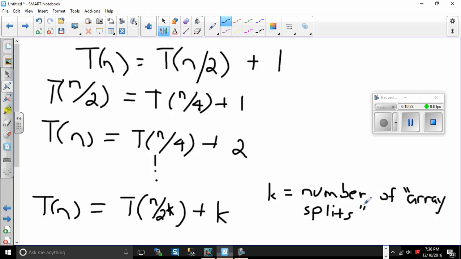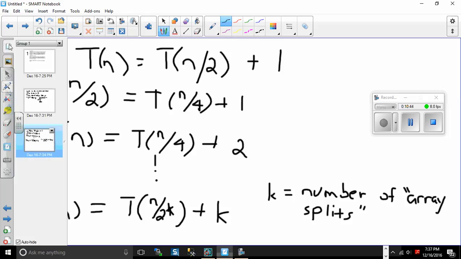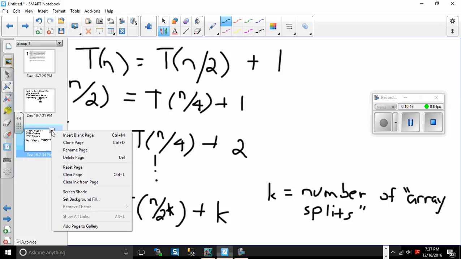Again, let's presume that the number of elements in the array is capped by the next highest power of 2, like we did with the sorting algorithms.